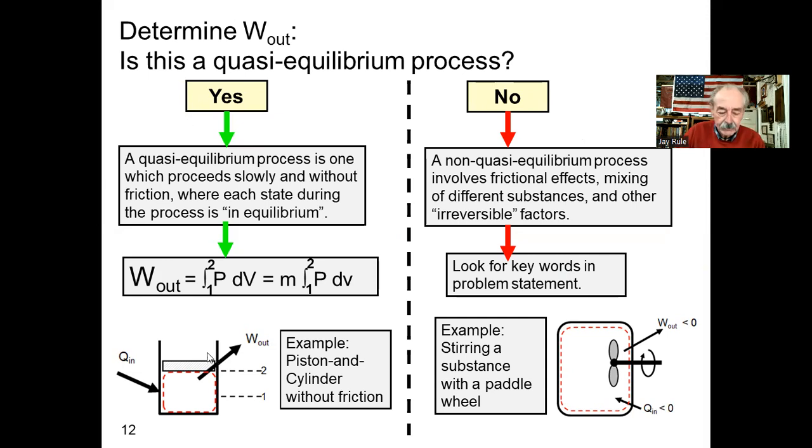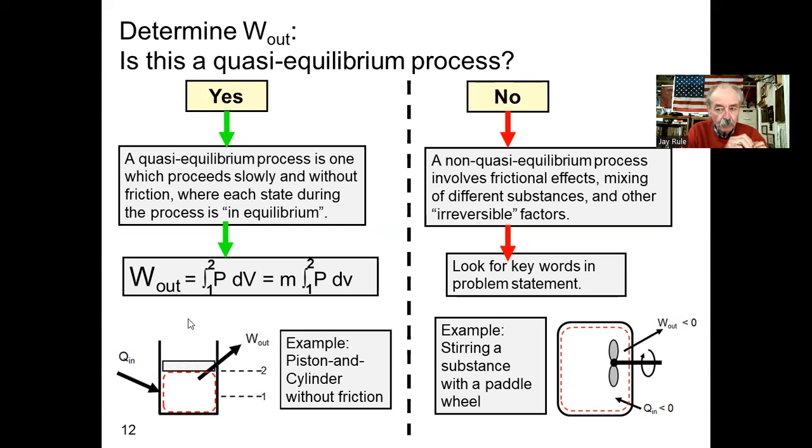If yes, an example of quasi-equilibrium would be the tried and true piston and cylinder undergoing a process that is friction-free and going slowly, so that at all points on the process path from 1 to 2, every single state is in equilibrium.